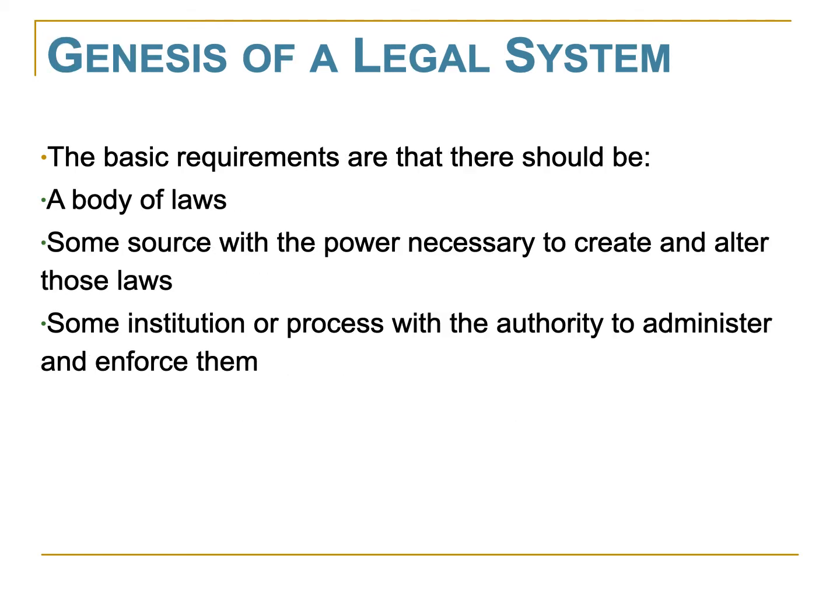And the genesis of the legal system is that there should be basic requirements. And within these basic requirements, there should be a body of laws. There should be a source of law with the power necessary to create and or alter these laws when the community values require it. Also, some institution or process with the authority to administer and enforce. And one way to interpret that is whether it's the courts or actually the coercive force.